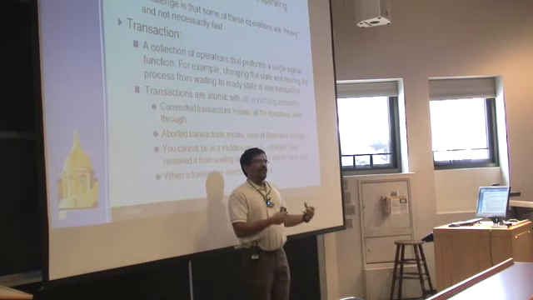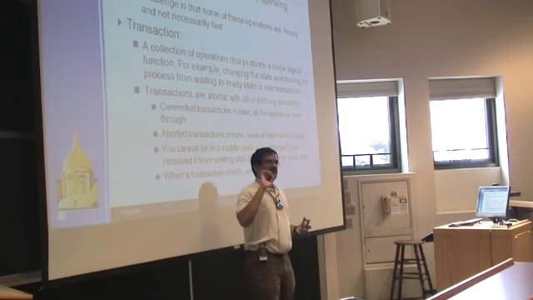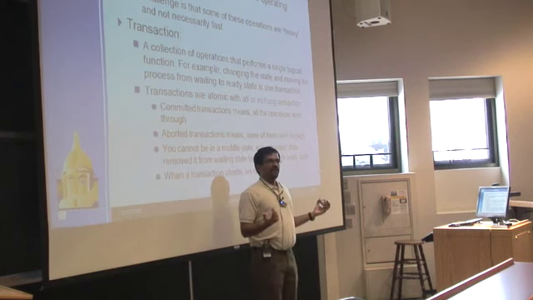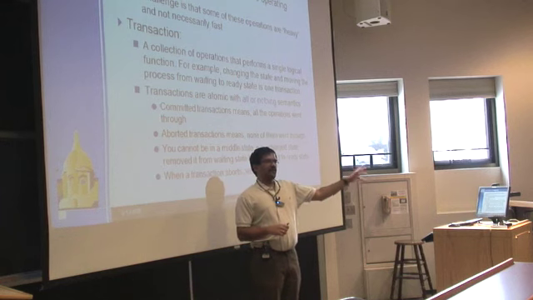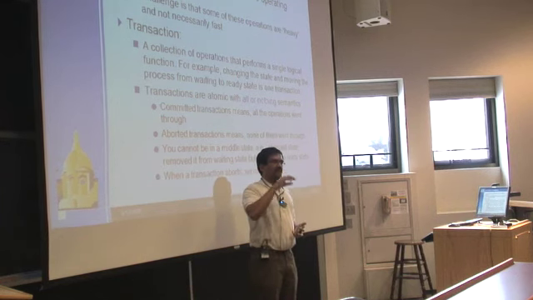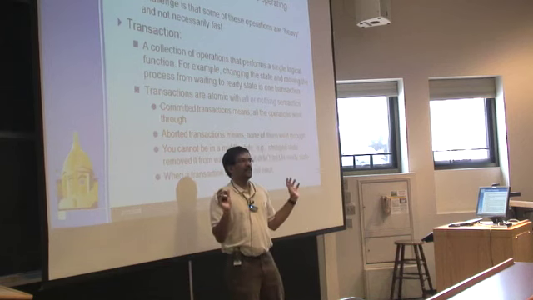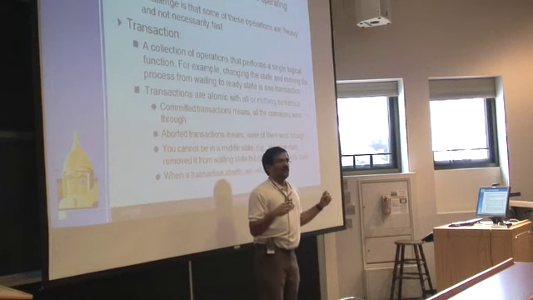If it first updated your savings account, and then it crashed, now your checking account was the original value, and the savings account was $100 more, right? Which I'm sure none of us would complain bitterly about. If that's what is going to happen, you're going to be happy, right?